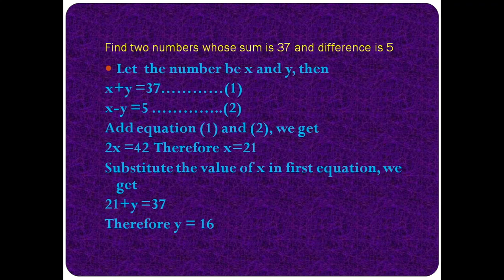Another descriptive question. Find two numbers whose sum is 37 and difference is 5. We will have to find two numbers. When added together, you are getting 37. When you deduct one number from another number, you will get the number 5.